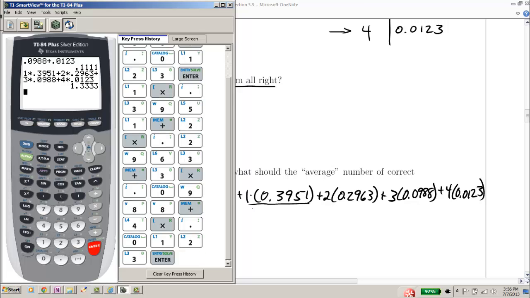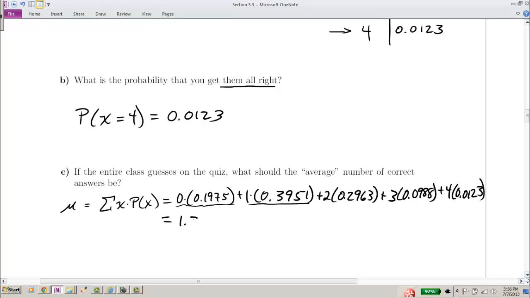And I get 1.3333 for mu, the average number of correct responses.